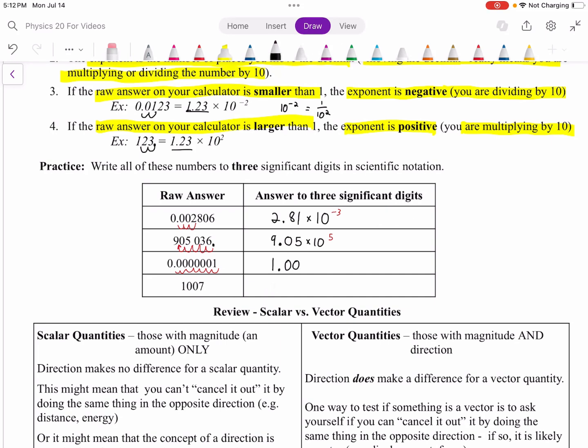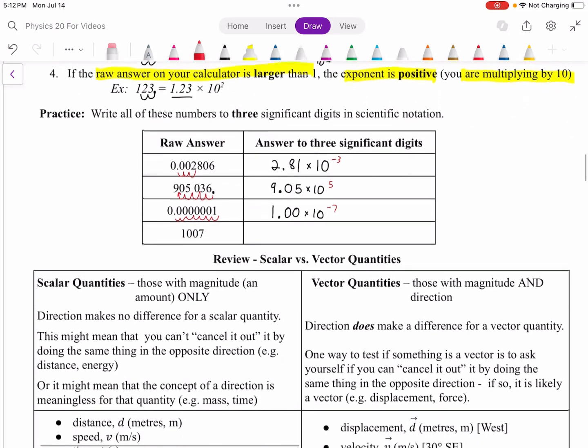Those trailing zeros are significant. So we have 1.00, that's 3 significant digits, times 10 to the power of, I forget how many times we moved it. Let's count again really quick. 1, 2, 3, 4, 5, 6, 7 times. So times 10 to the negative or positive? Negative, very good. Times 10 to the negative 7, right?